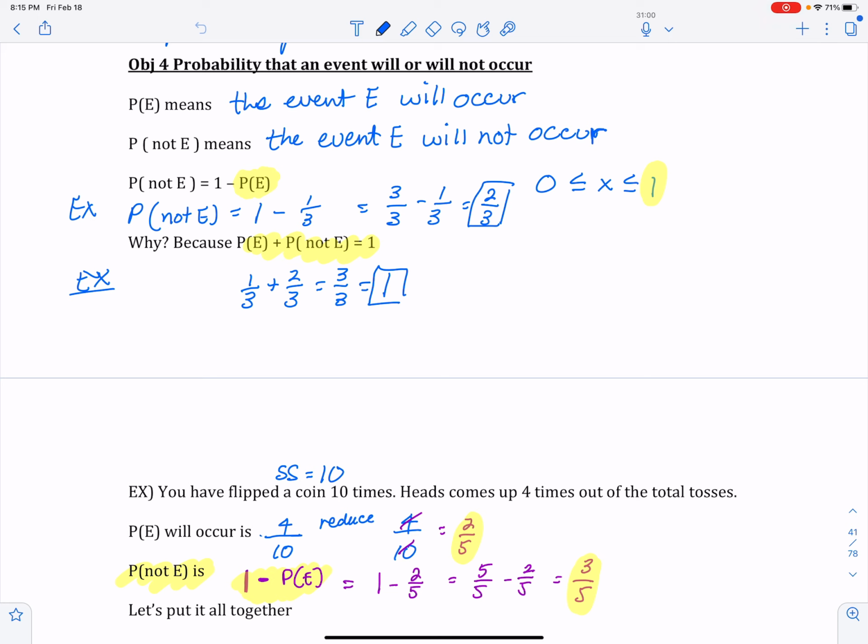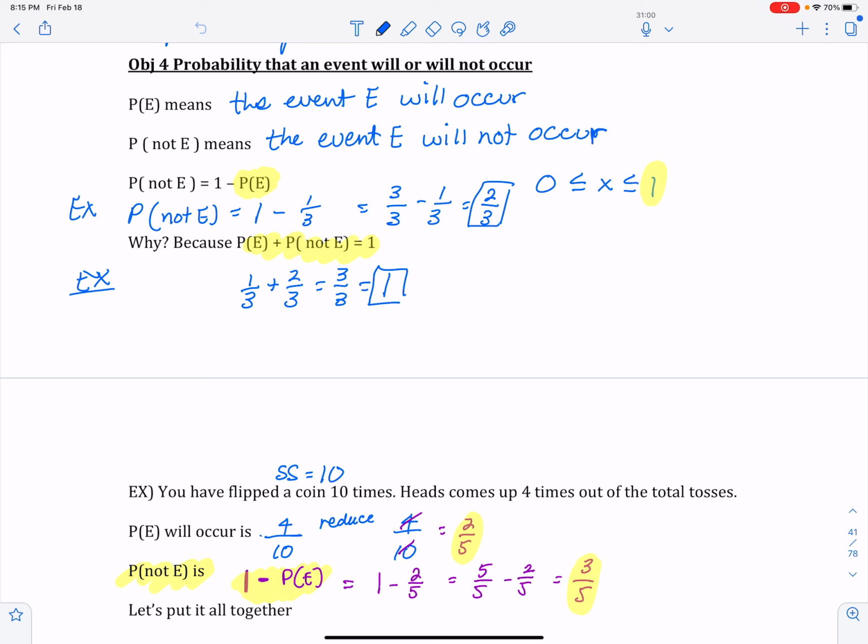Remember, when we talked about probability, it has to be a value between 0 and 1. So the probability of an event not happening means I take 1, which is the certainty of an event occurring, minus the probability that the event will occur.